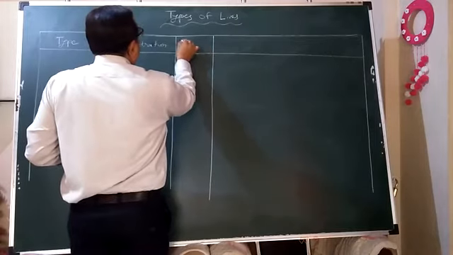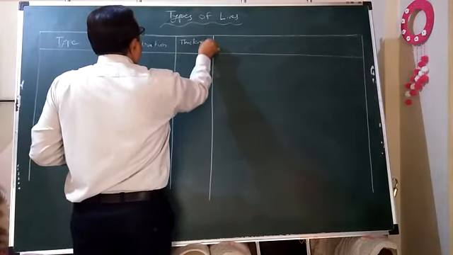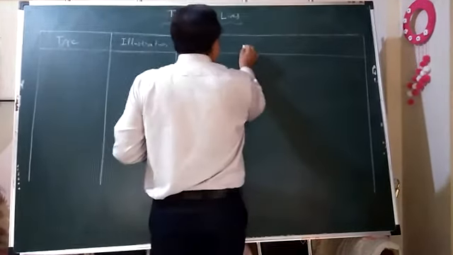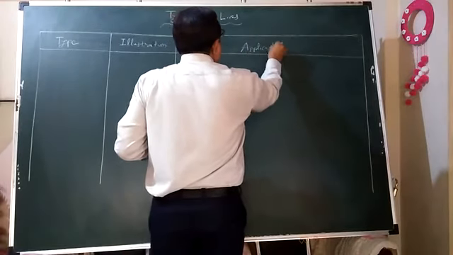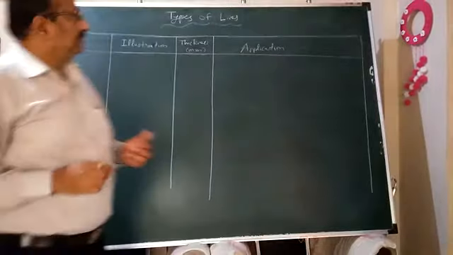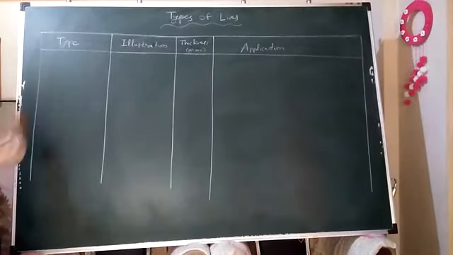The particular line carries thickness in terms of millimeter, and its application, meaning for what purpose it is made, will be mentioned in the last one. So accordingly, one by one we will start.